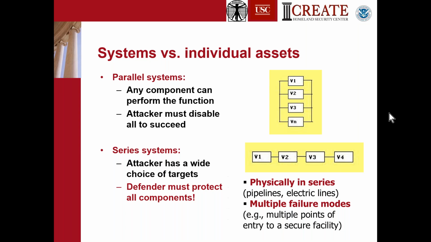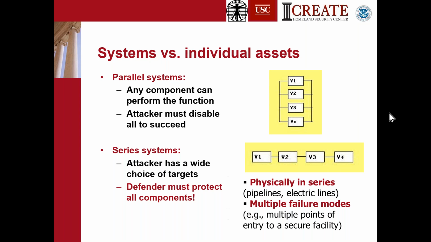In the top case of parallel systems, you can imagine that we might be trying to get, say, water or electricity or whatever from the left-hand side of that picture to the right-hand side. In a parallel system, any component can perform that function.